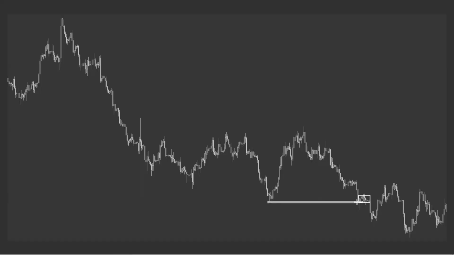That's often what you'll get when you try and trade false breaks at major swing points as opposed to range highs or lows, because generally the trend is quite strong.